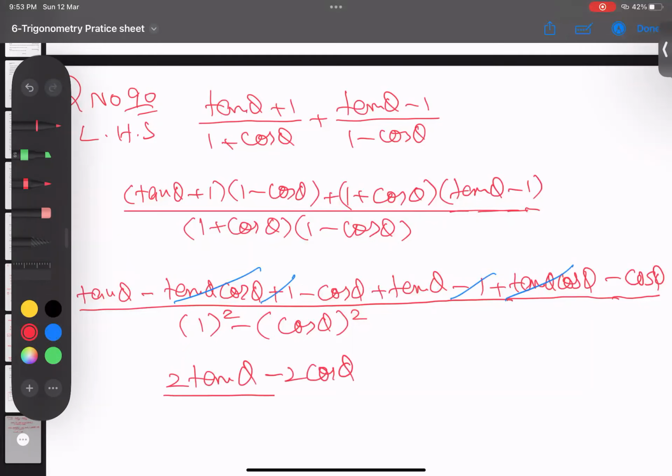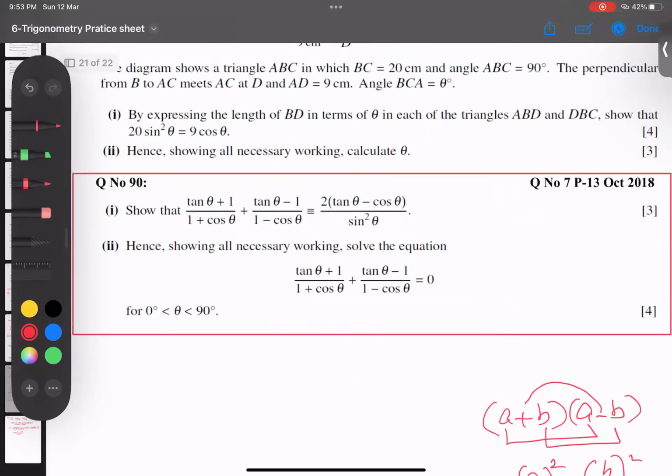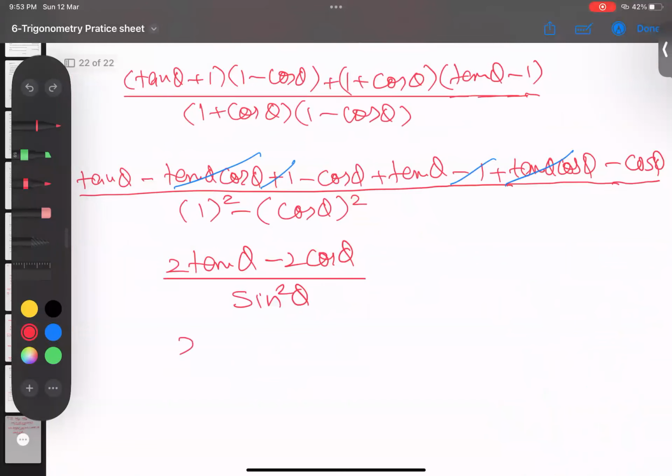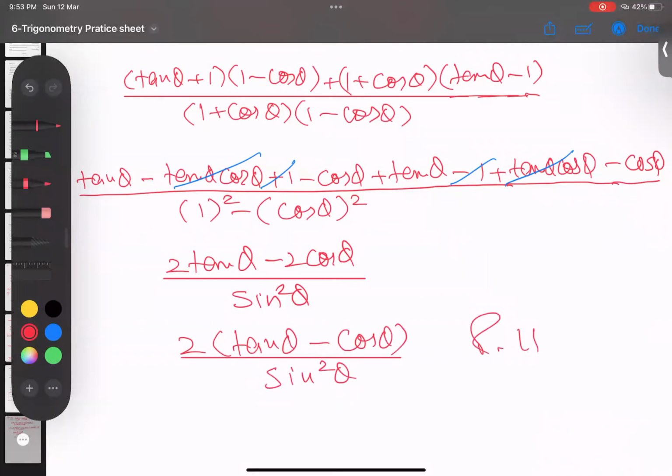I believe you understand up till now. Down here is 1 minus cos squared theta, and you all know 1 minus cos squared is equal to sine squared theta. We are close to the answer. Just take 2 common from the numerator, and I get my target easily, alhamdulillahi rabbil alameen. This is achieved, and this is called the right hand side.